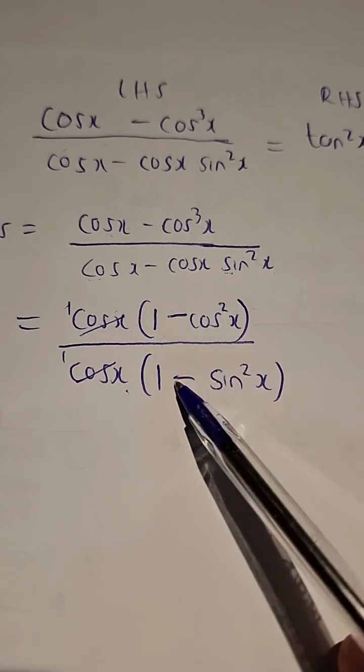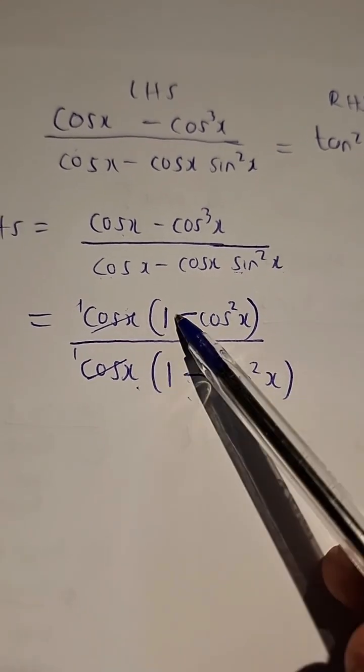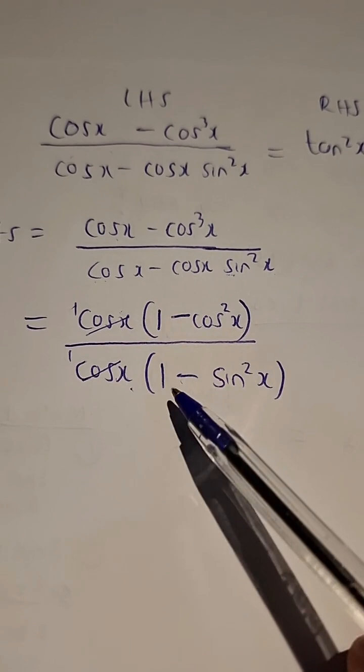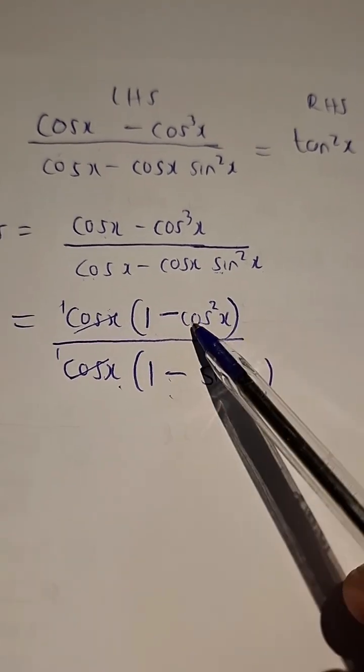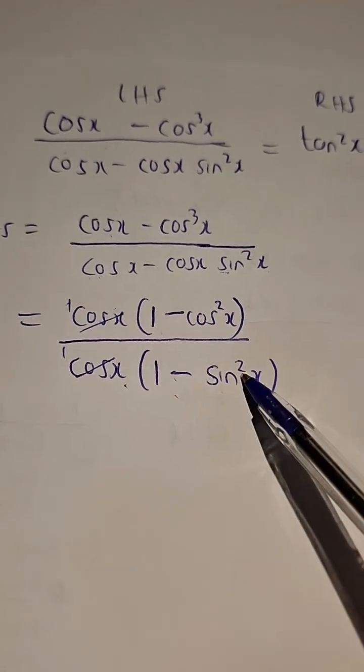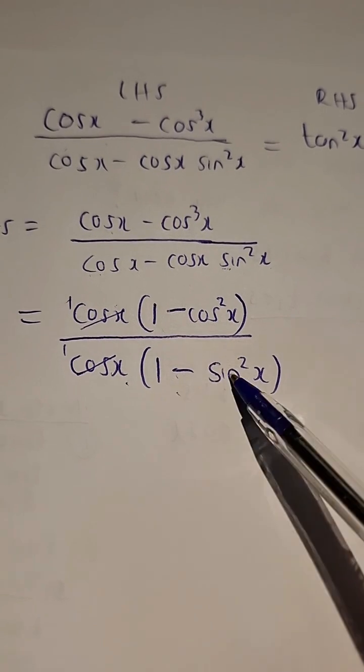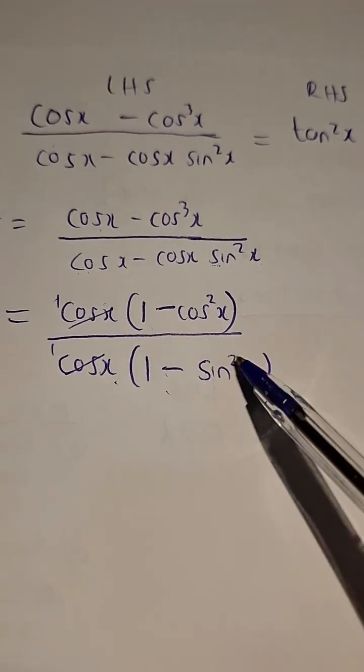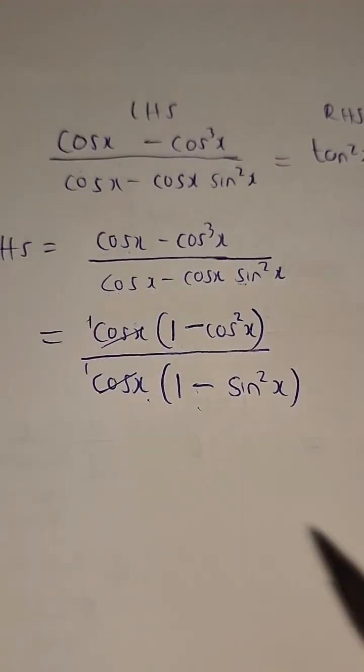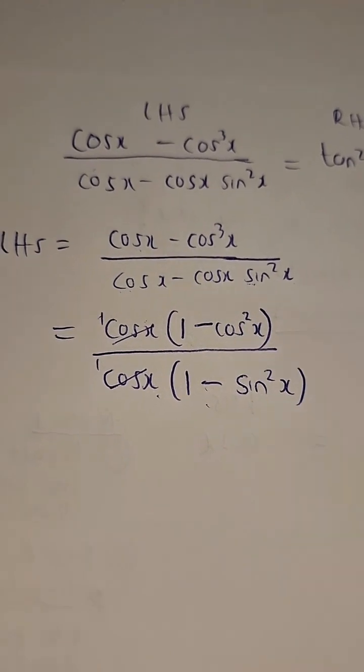It's wrong to do that. It's like if there was cos squared x here and cos squared x there, and there were different numbers, we wouldn't be able to cancel this and that. We do not cancel across an addition or subtraction sign.